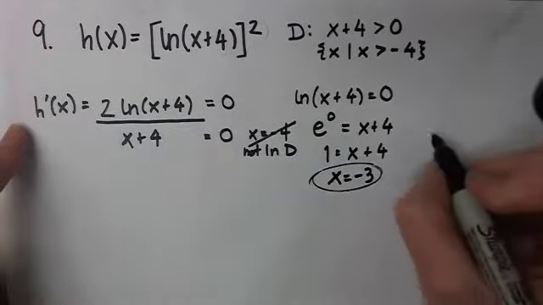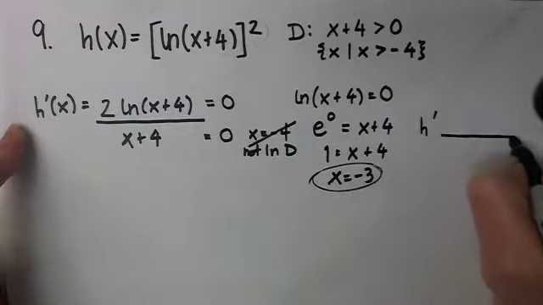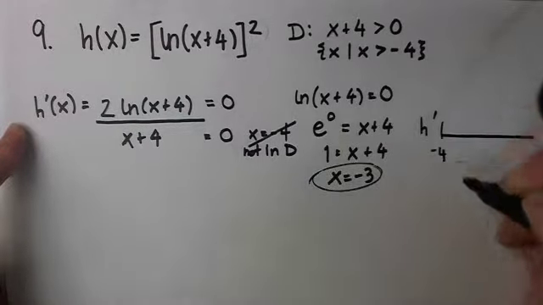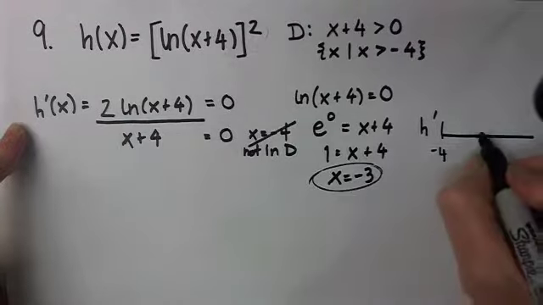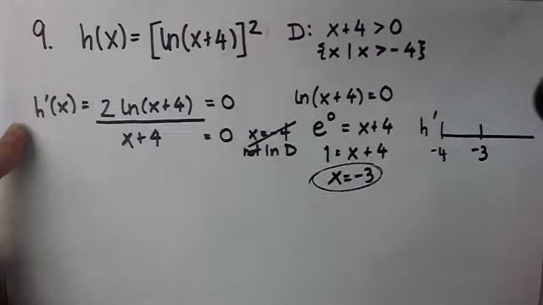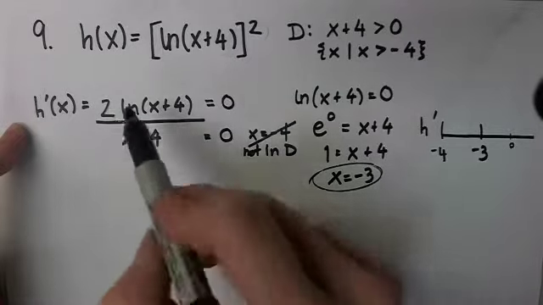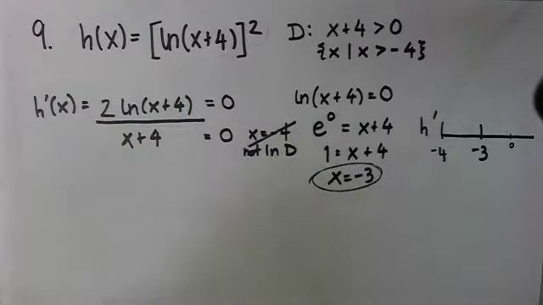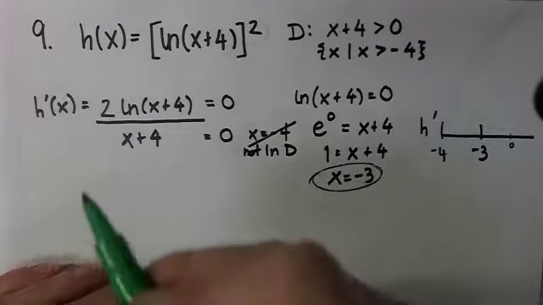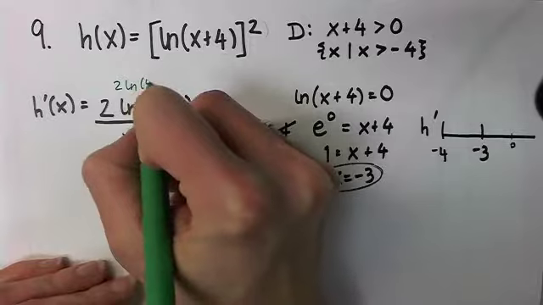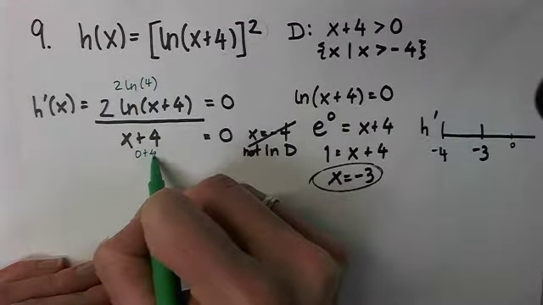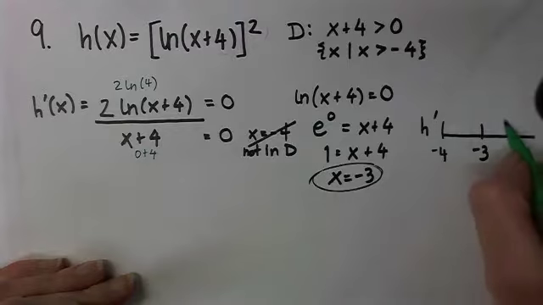Okay, so doing a sign chart then for the first derivative. I'm going to stop it at -4 because the domain doesn't exist past then, and then we've got a single critical number at -3. Easiest number to plug in here is 0. So plugging 0 into the derivative, we get 2 times the natural log of 4 divided by 0 plus 4, which is a positive divided by a positive. So we're positive here.